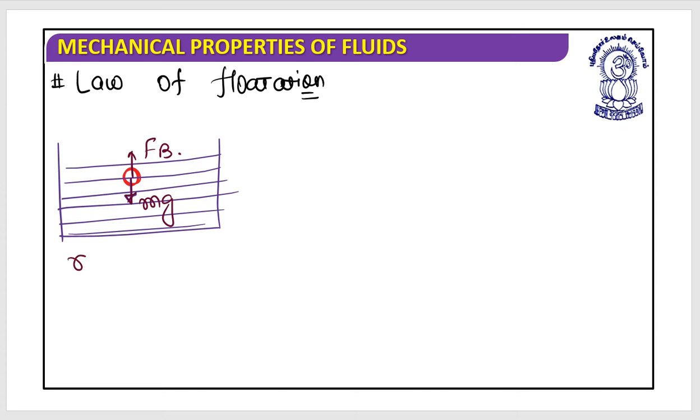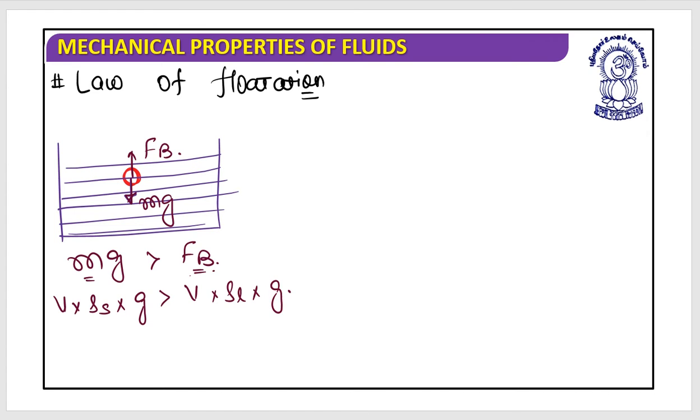So consider the first situation, when mg is greater than fb. Here m is the volume of the object multiplied by density of solid multiplied by g. While fb is V in, but here the object is totally within the liquid, so it is V multiplied by density of liquid into g. The V and g get cancelled.